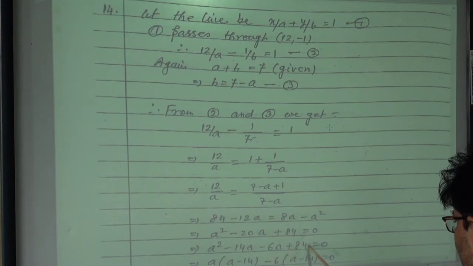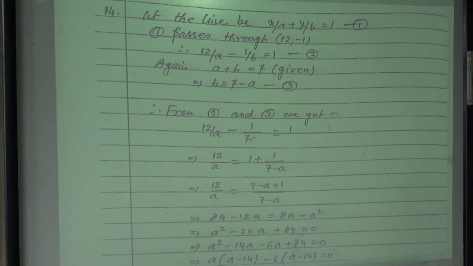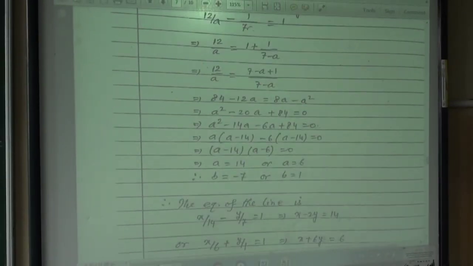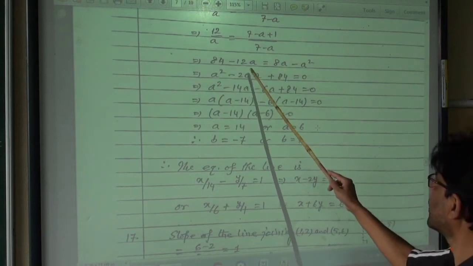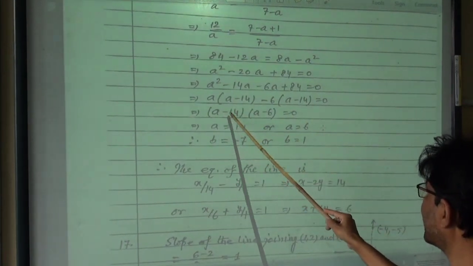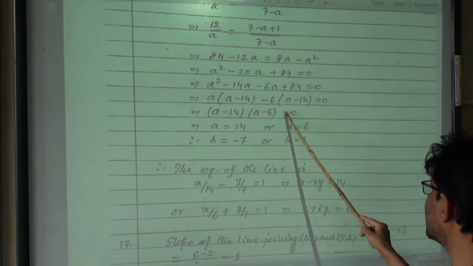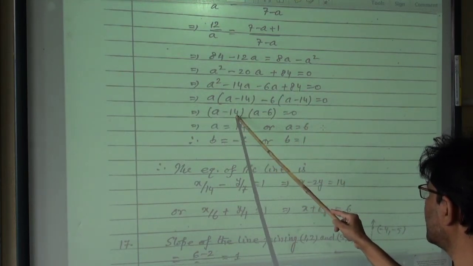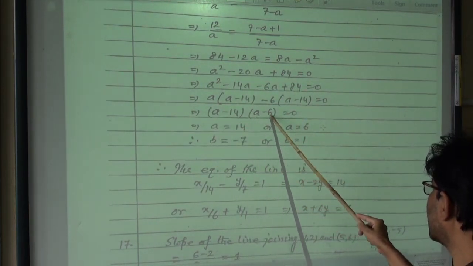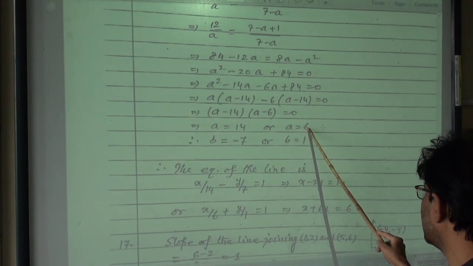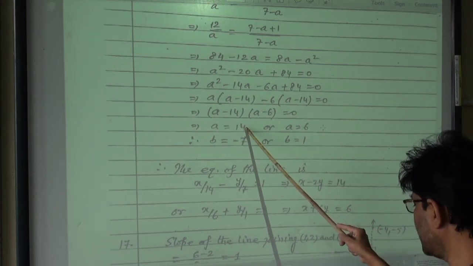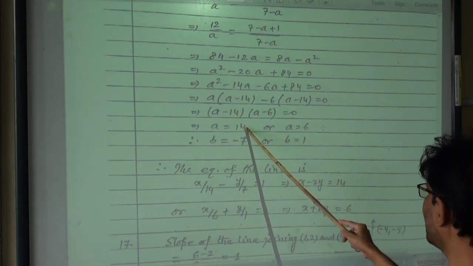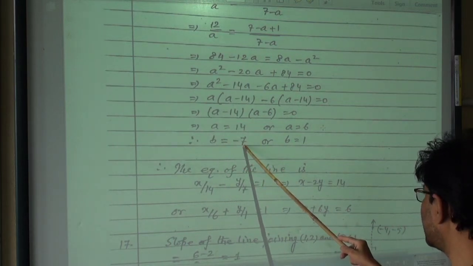Middle term break in factorization. So by factorizing I have got a minus 14 into a minus 6 equal to 0. First factor 0 gives a equal to 14. Second factor 0 gives a equal to 6. When a is 14, a plus b was 7, so b has to be minus 7.